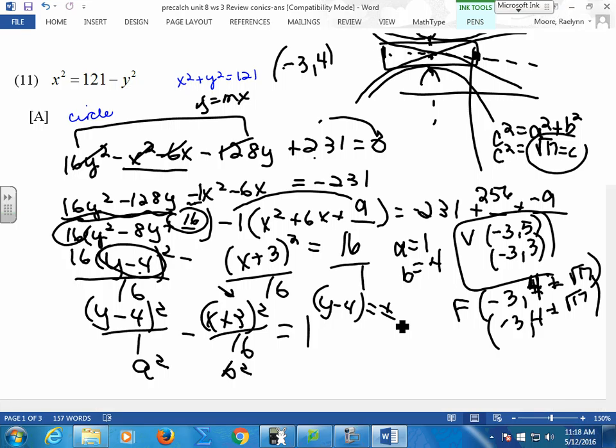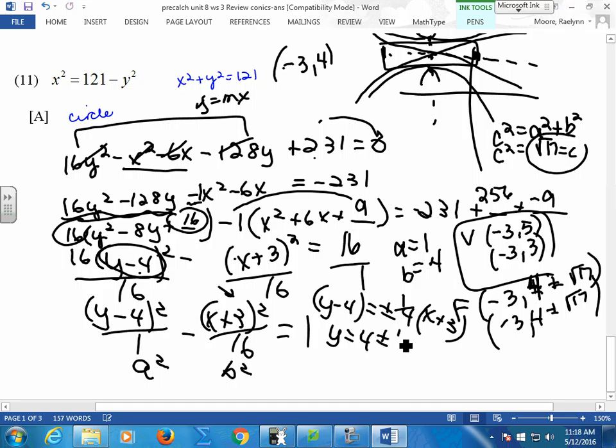What's the square root of 1? 1. Change in x. Go underneath the x. What's the square root of 16? 4. And then just take my x part. Now because we needed to say y equals, just add the 4 to both sides. And you don't have to resolve this, you can leave it like this. That's your asymptote.